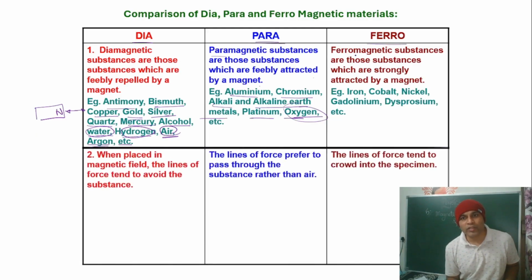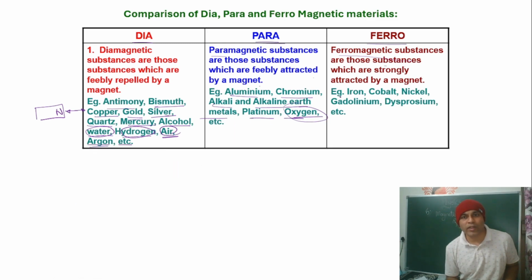Now we are going to discuss ferromagnetic metals. Ferromagnetic substances are those substances which are strongly attracted by a magnet. Those are iron, cobalt, nickel, gadolinium, dysprosium.